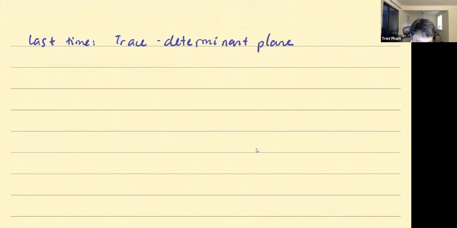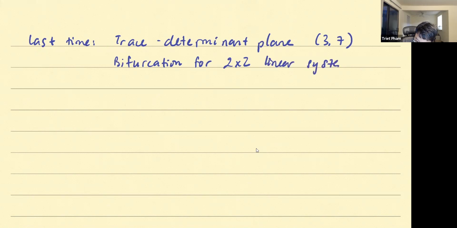This is section 3.7, by the way, also known as the bifurcation for 2x2 systems. And so the example we want to keep in mind, one of the examples we did, is the following.